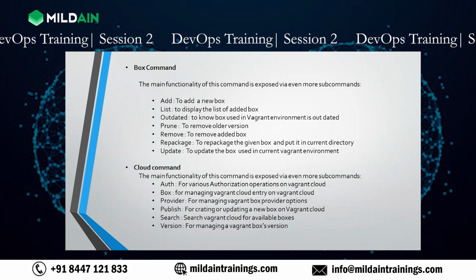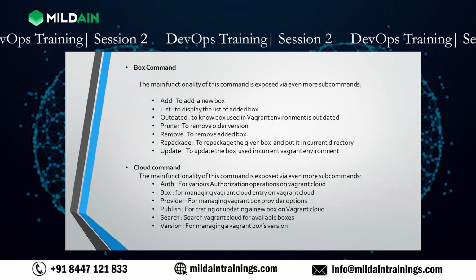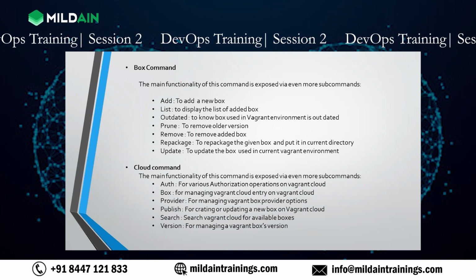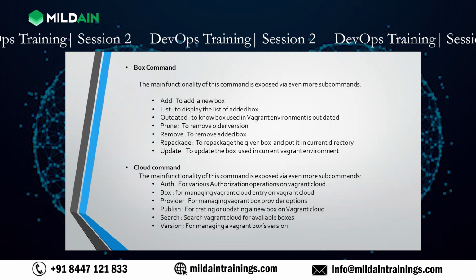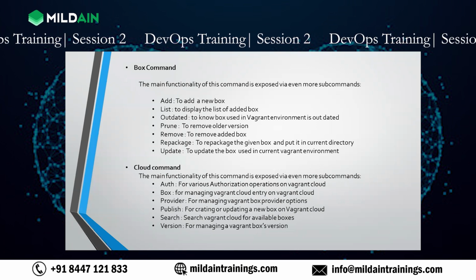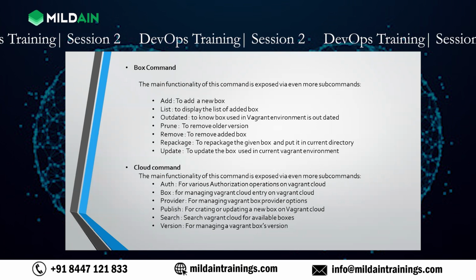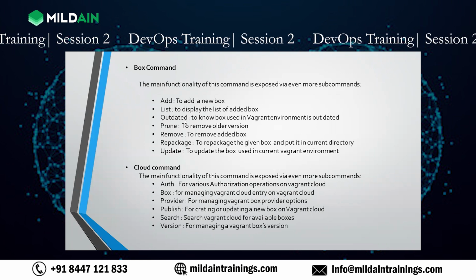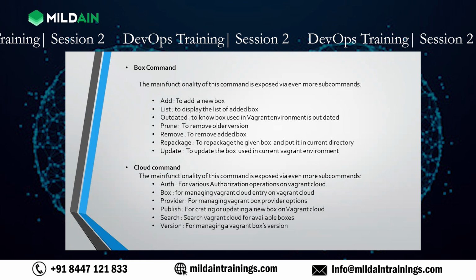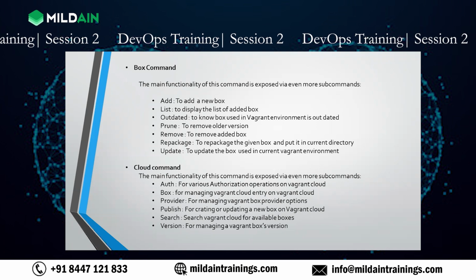Now update. If we write Vagrant box update, it updates the box in the current environment. When we find that it was outdated, we can update using the Vagrant box update command. The outdated command will only compare the file with the one on Vagrant.